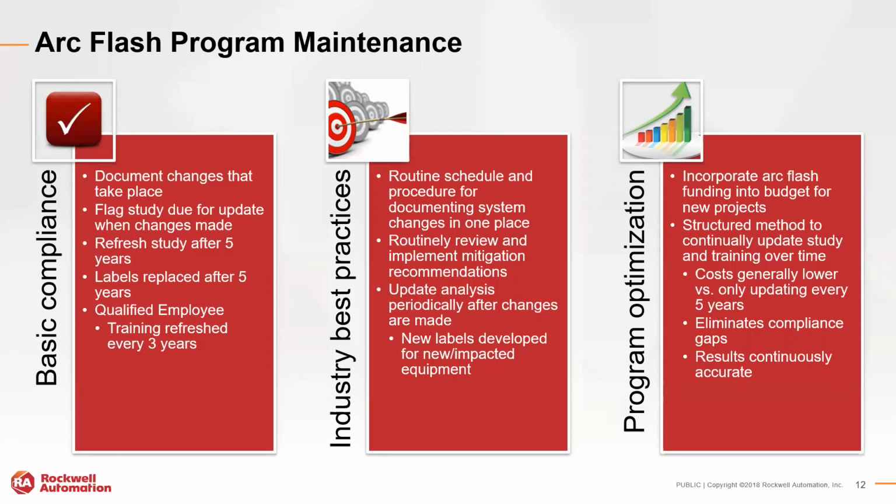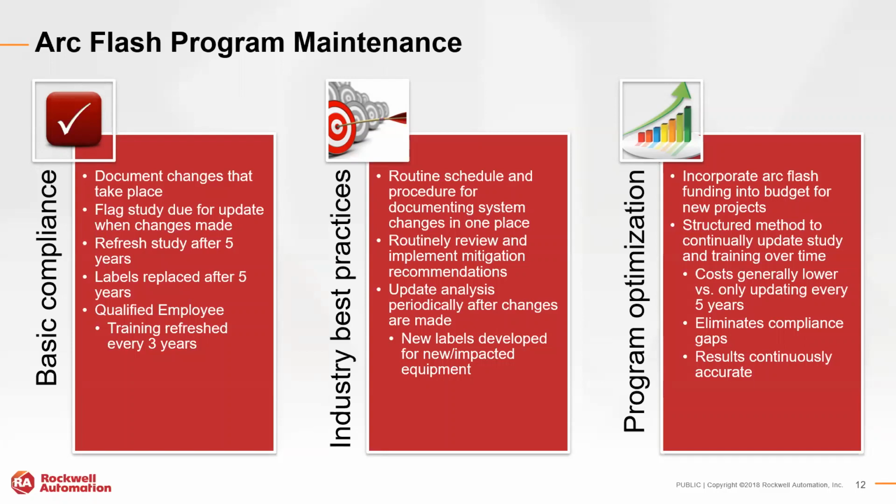Moving out to the best practices section, I'd say proactively allocate additional funds when you're working on some of those projects, so that you can budget arc flash study program updates packaged in with those projects, rather than treating arc flash as an afterthought, saying, hey, we had this project, we either had an expansion or we moved some equipment around, we got that project completed under a certain budget.